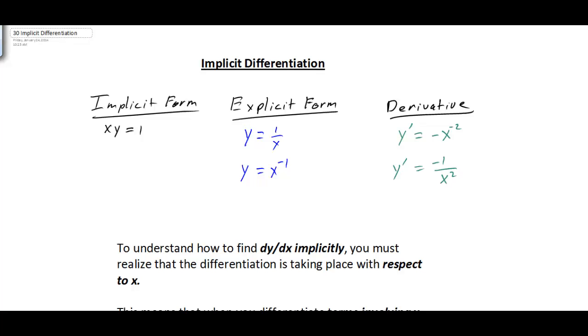So this is what we've been doing up to this point with this explicit form where the equation is already solved for y.